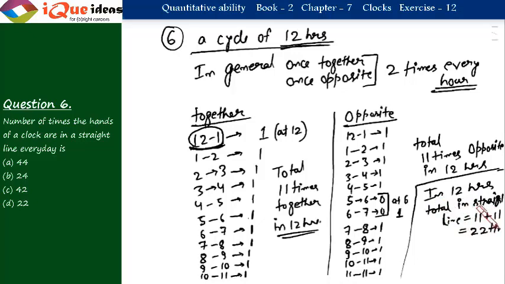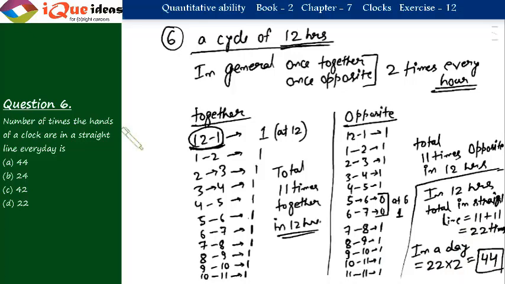But the question is asking about in a day. All right. Now in a day there will be two cycles of 12 hours. So the answer would be 22 into 2, because in a day there will be two cycles of 12 hours. So 22 into 2 would be 44 times. So the answer of this question would be 44.